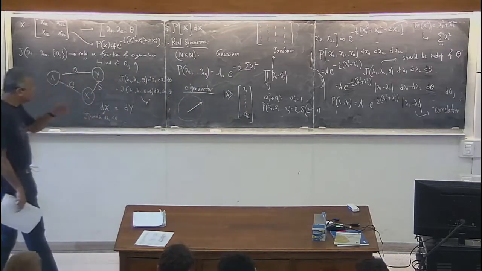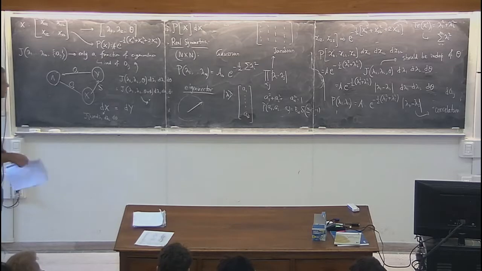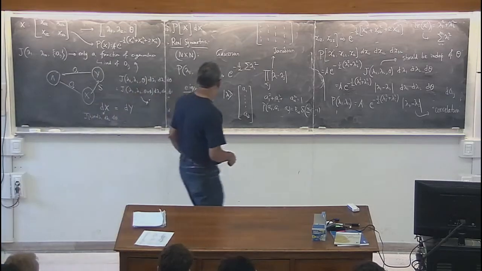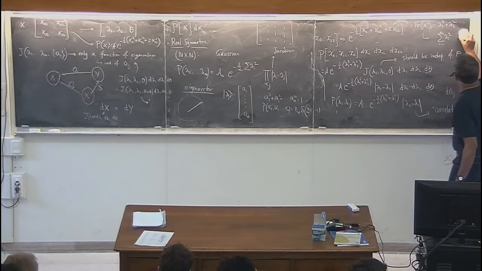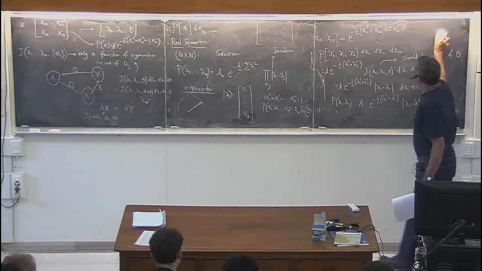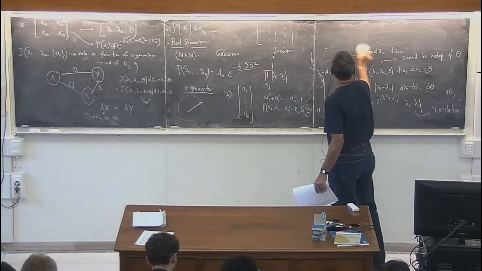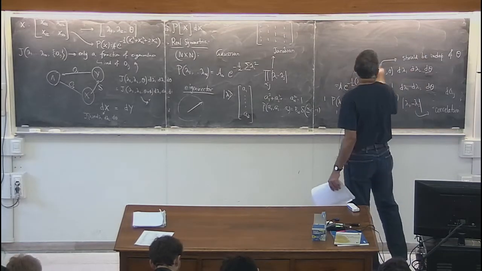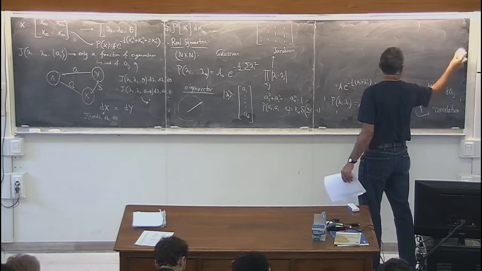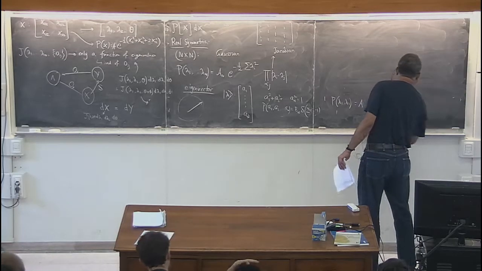All right. So the main result of what we learned is that once you diagonalize, for real Gaussian matrices, for real symmetric matrices, this is the result.